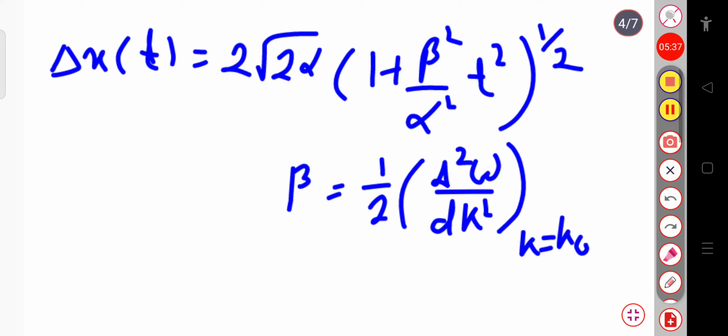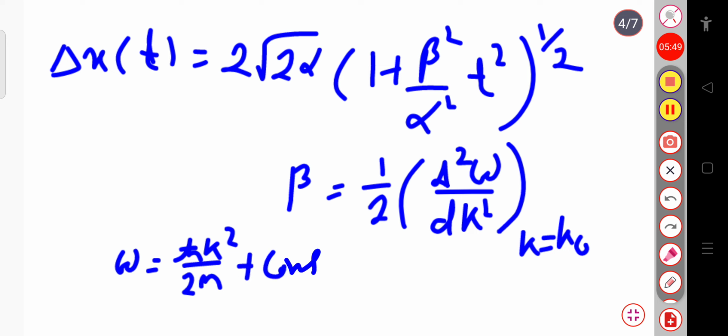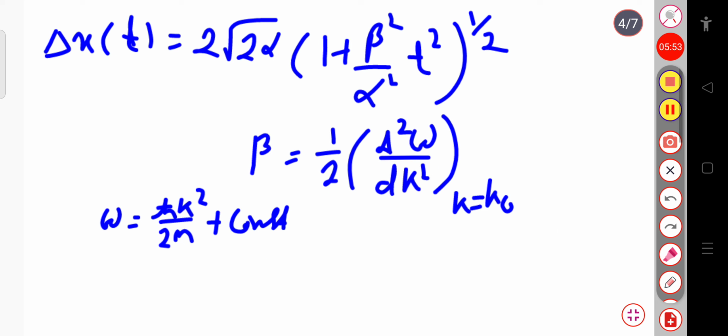In this case, we have considered omega equal to h cut k square divided by 2m plus some constant. If we put this value, then d square omega by dk square will be equal to h cut by m. So finally the beta value will be h cut divided by 2m.